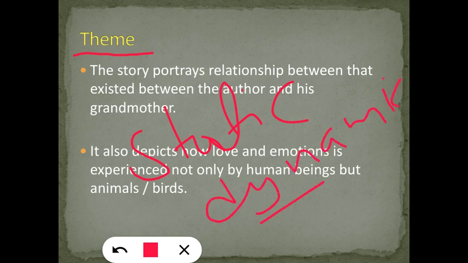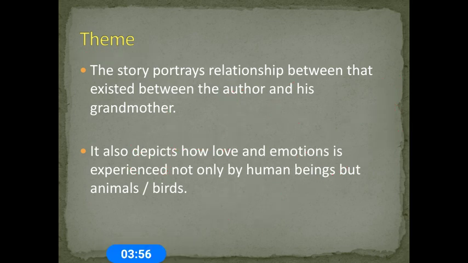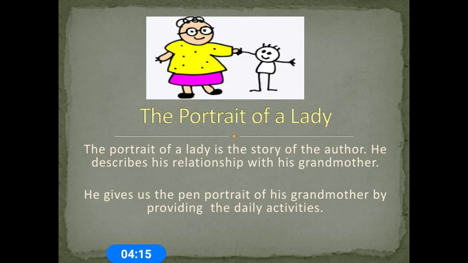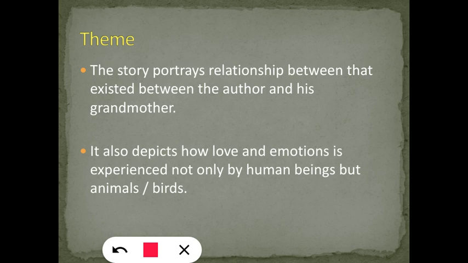Now, when I say dynamic, it means that it changes frequently in due course of time. Okay, it is not always same. So this is what is highlighted in this particular story. Now, apart from this, it also depicts how love and emotion is experienced not only by human beings, but also by animals and birds.